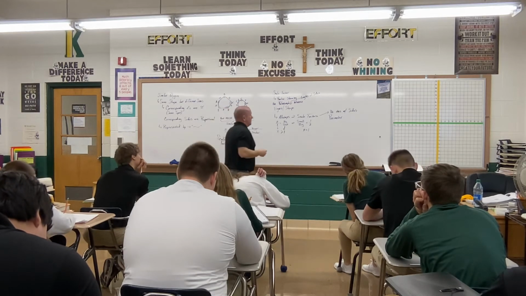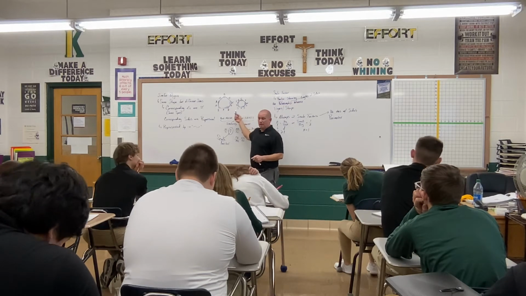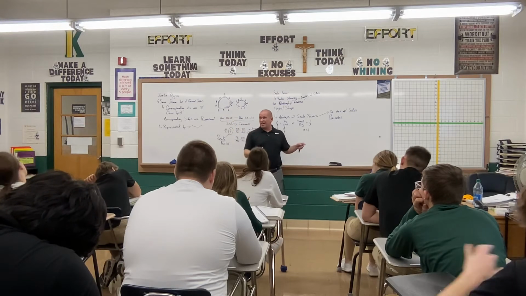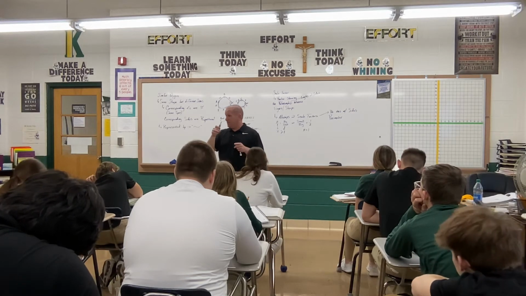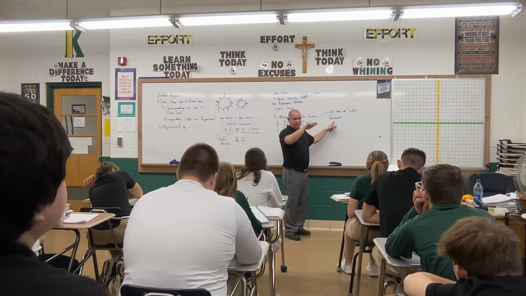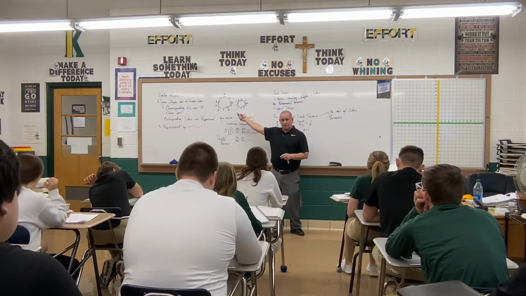So if I knew my scale factor between the two, but I only knew the perimeter of one of them, I could set up a proportion to figure out the other perimeter, because a perimeter is basically just adding up all of my outsides.